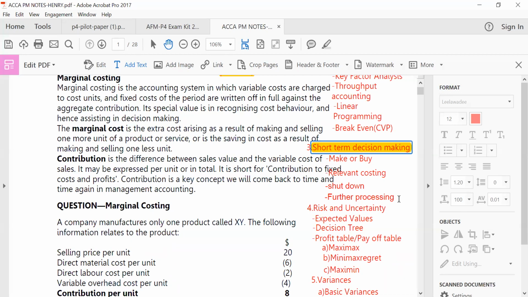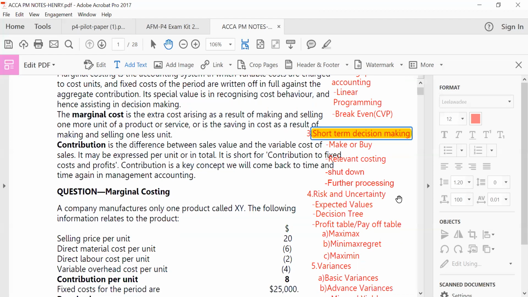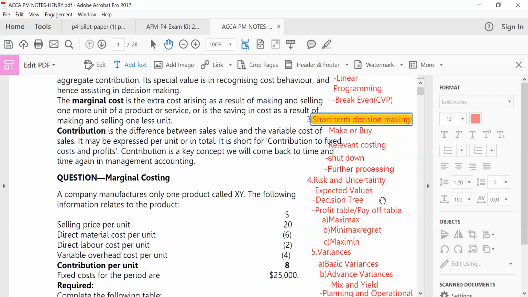That is the main reason why you decide to further process. Or probably it can be an instance where you want to meet customers' requirements. The product has already been produced, but you think that you want to add further ingredients or further elements to it. And that is what we mean by further processing, right?